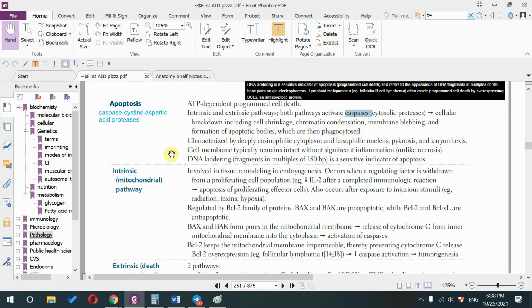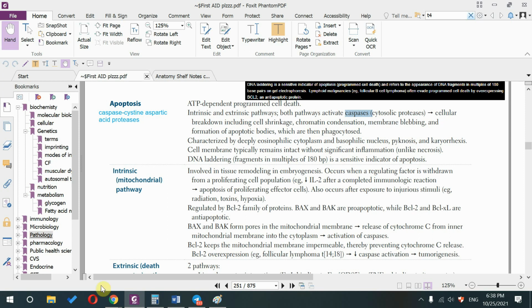They are characterized by a deeply eosinophilic cytoplasm and basophilic nucleus. Pycnosis and karyorrhexis. This is a super important concept to know. So during apoptosis, the cytoplasm will be eosinophilic. Eosinophilic means pink. Basophilic means blue.